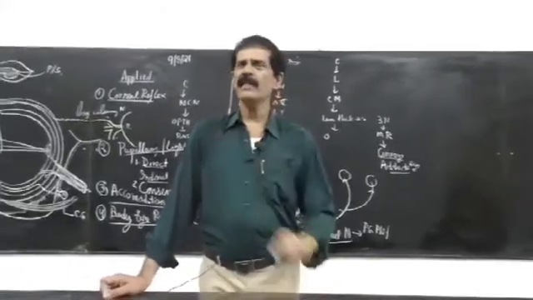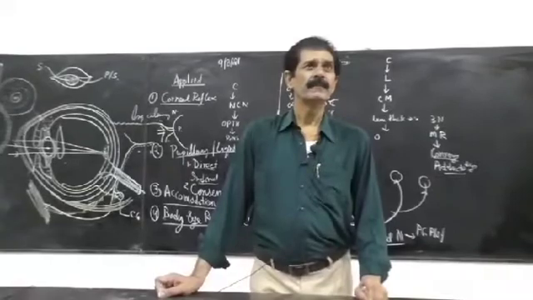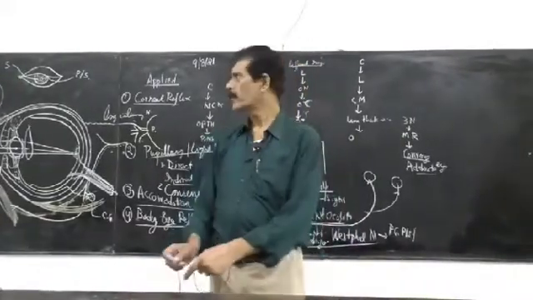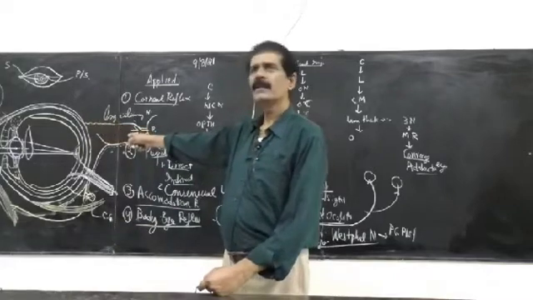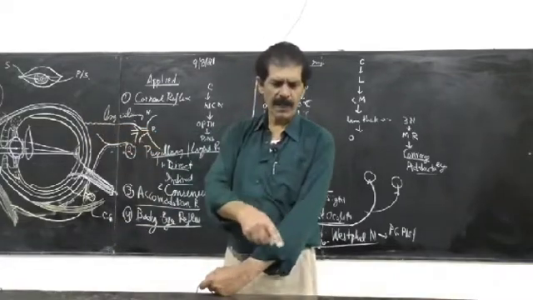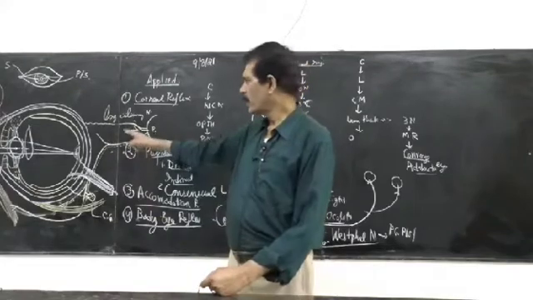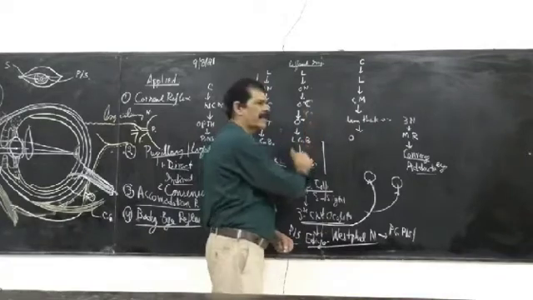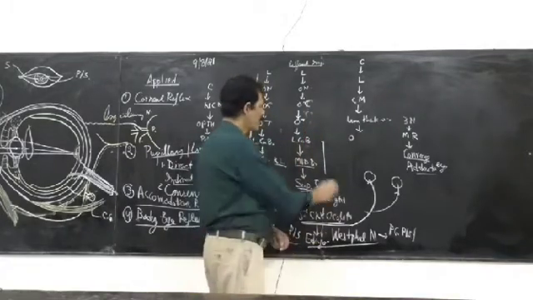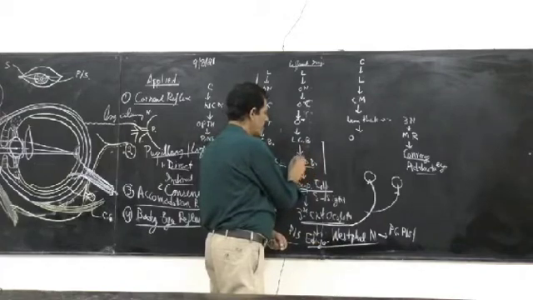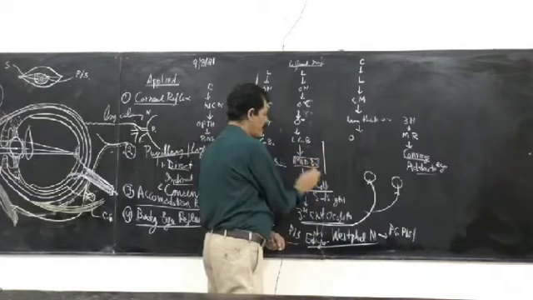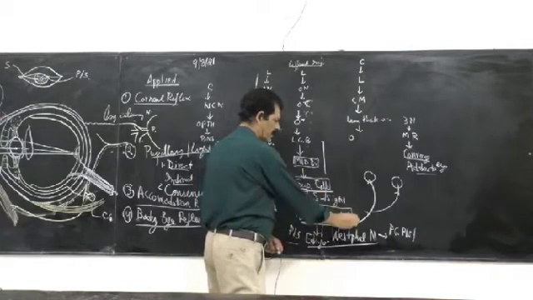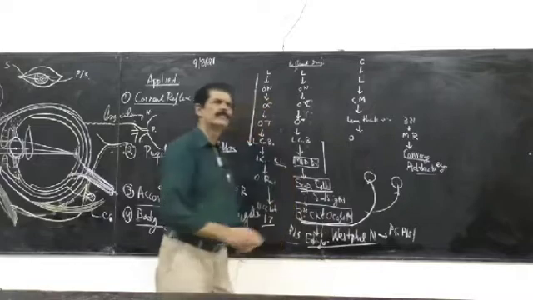So eye body reflex, how do you explain? Again, when I see the written words, the retina image of the copy line is formed here and reaches the optic nerve, same optic chiasma, tract, lateral geniculate body. And from the lateral geniculate body, it goes to the midbrain, to the superior colliculus, and then to the third cranial nerve nucleus.